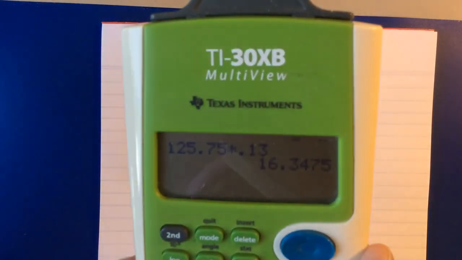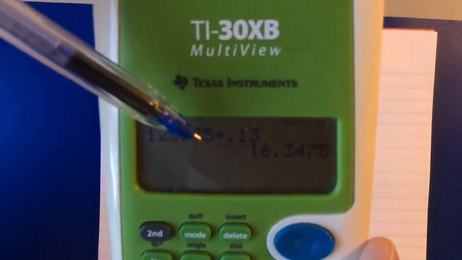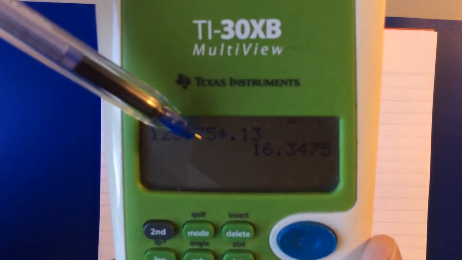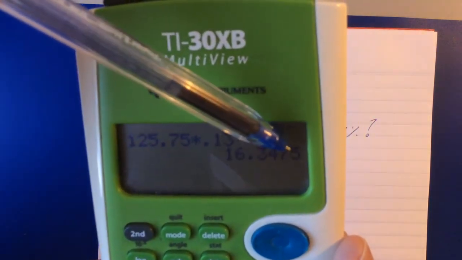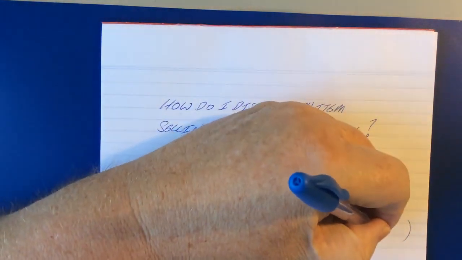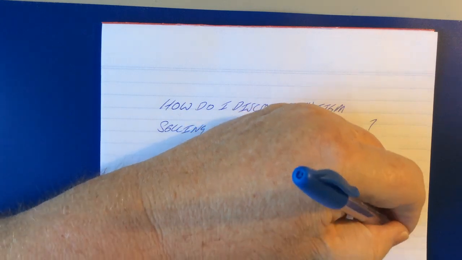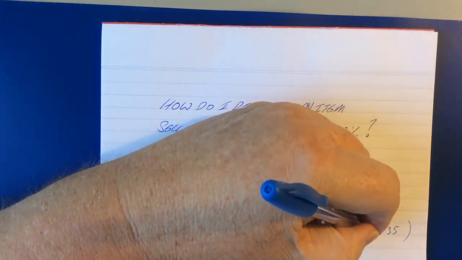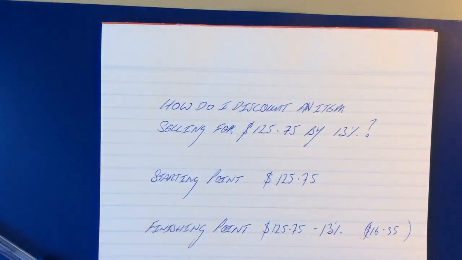So that is 13% of $125.75, $16 and we'll say 35 cents. So we'll just put that number in there, $16.35, and what we'll do is we'll take that off $125.75.